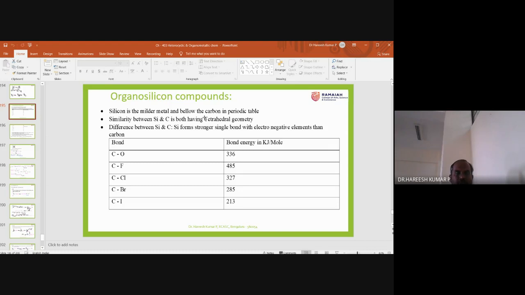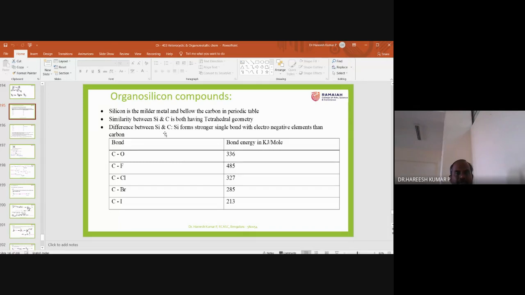That means it belongs to the carbon family. So the valency of silicon is also 4 only. The similarity between silicon and carbon is that both have a tetrahedral geometry.